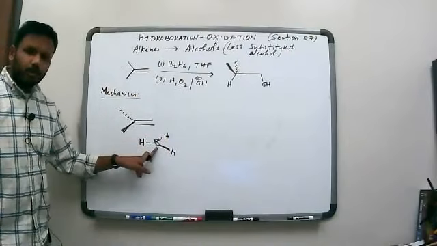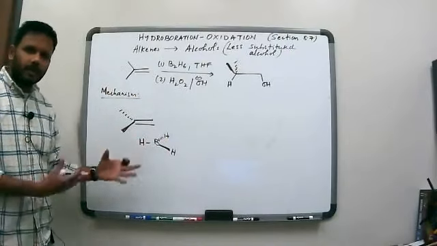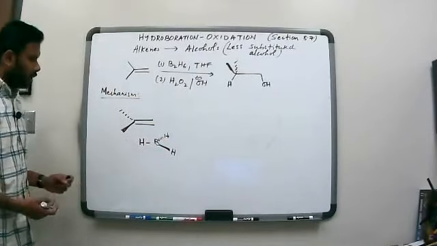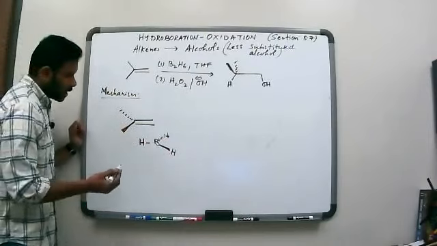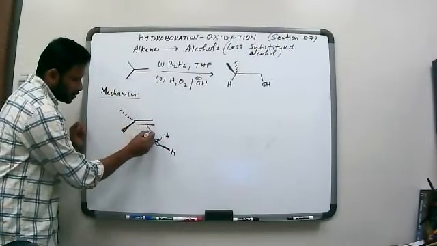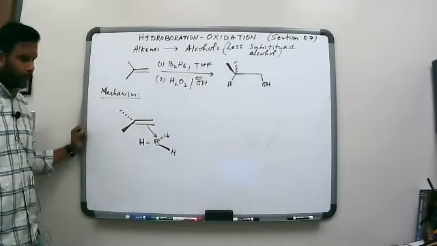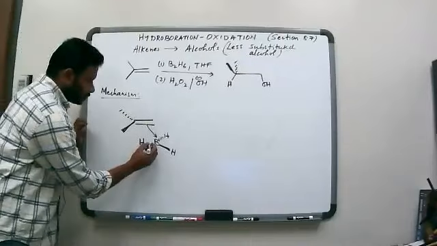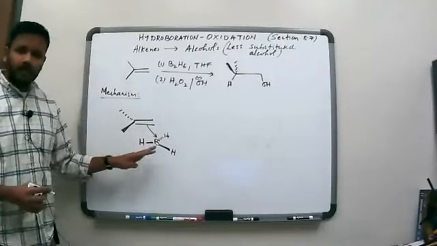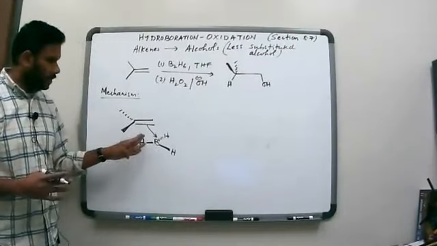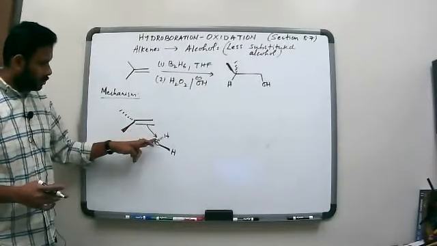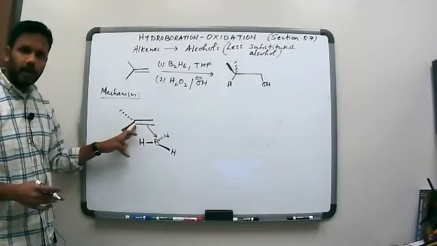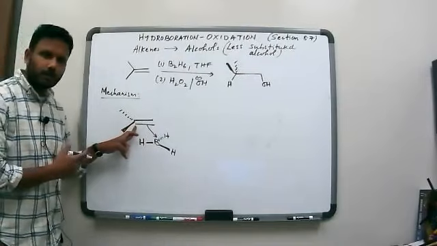And remember, this boron is electrophilic. It wants electron density. It would like a nucleophile to attack it. And so the alkene is a nucleophile. So what happens is the pi bond goes and attacks the boron, because the boron is an electrophilic center. Now, if that is what happened in this step, then we should get the boron connected to the less substituted carbon, and there should be a carbocation formed at the more substituted carbon.